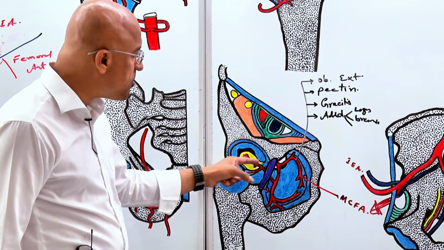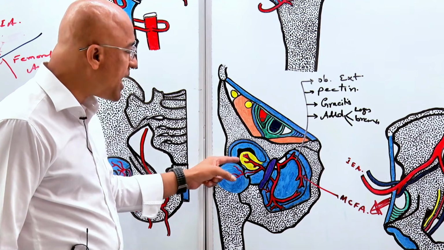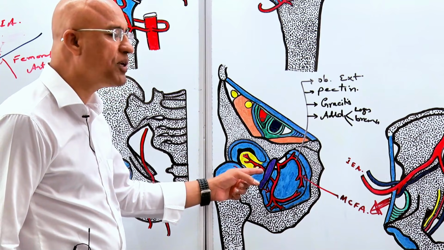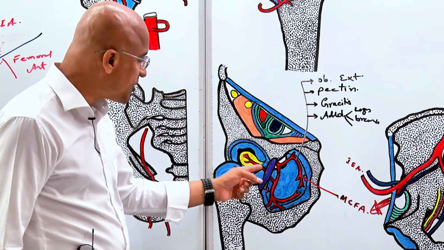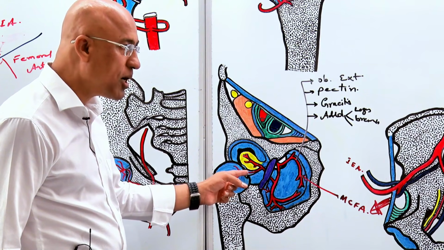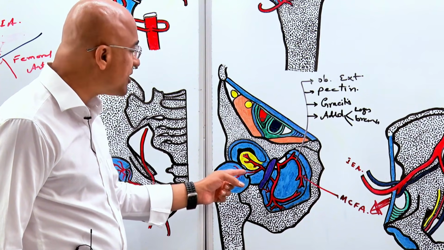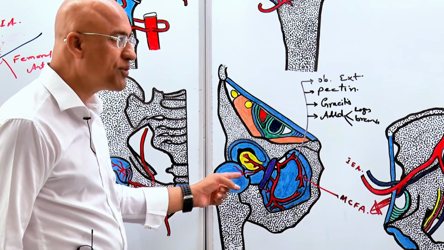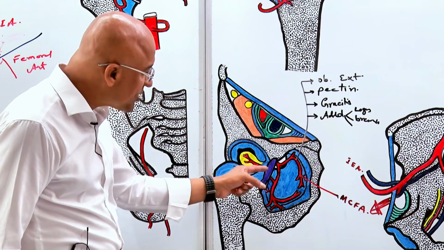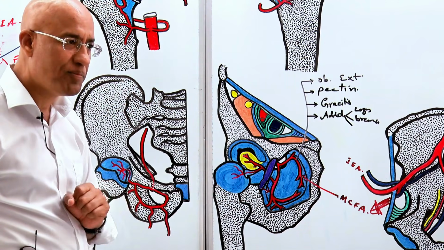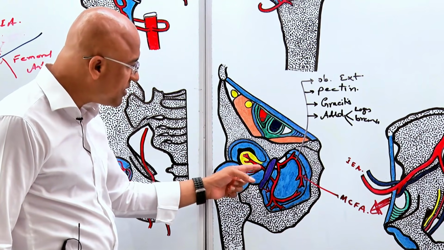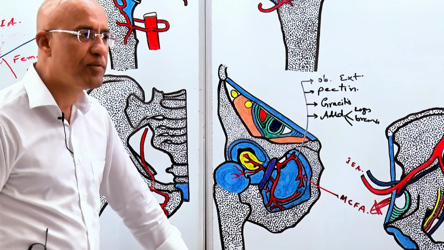Some branches ramify in the fat pad present over there, but a very special, super special branch is coming from here, and it enters into the ligamentum teres, or ligament of the head of the femur, and it goes and supplies the head of the femur, right? This branch is called the acetabular artery, acetabular branch. This acetabular branch is extremely important.